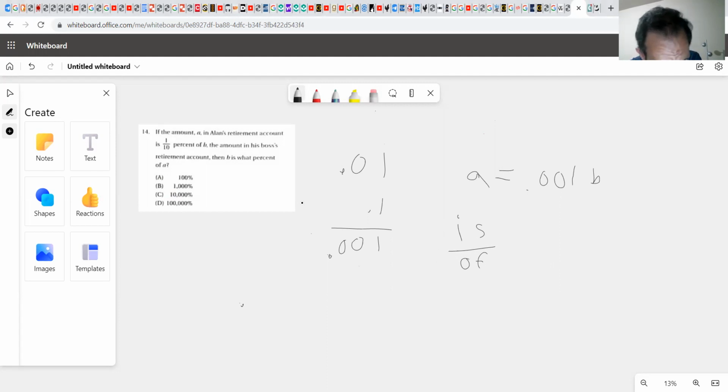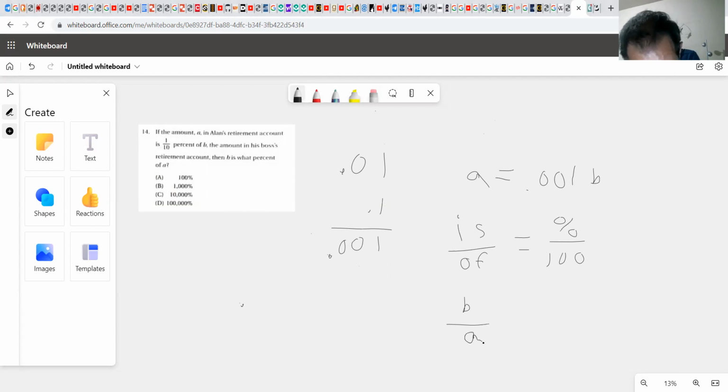So that's something fractional, and it's equal to a percent, and percent is always out of 100. So it's a percent out of 100. So in this problem, B is the is part, and it's is something of A, so A goes on the bottom.